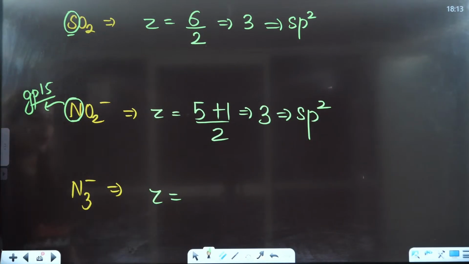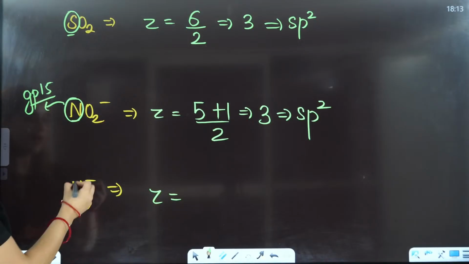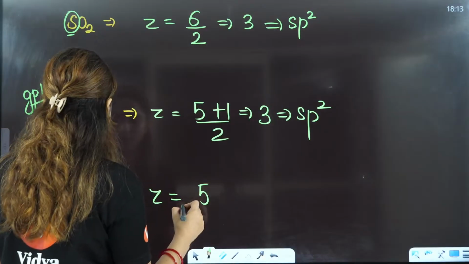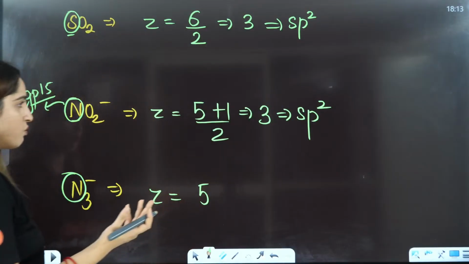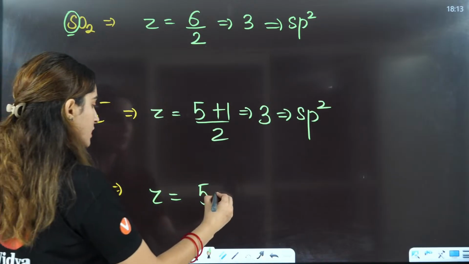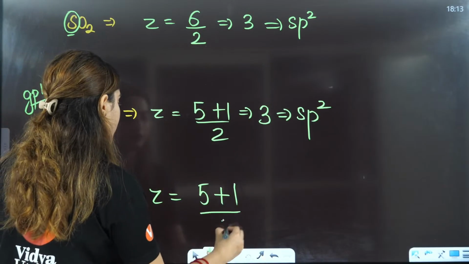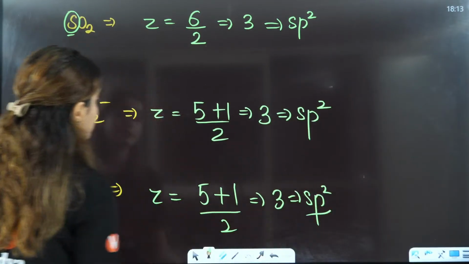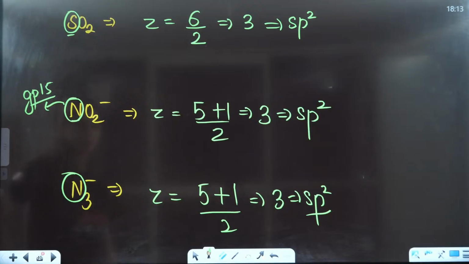For nitrogen, let's say nitrogen is the center atom having 5 valence electrons, and there is no monovalent atom here. So you will add plus 1 divided by 2, that is again 3, that is again sp2 hybridized. Wait a minute, will this be sp2 hybridized?